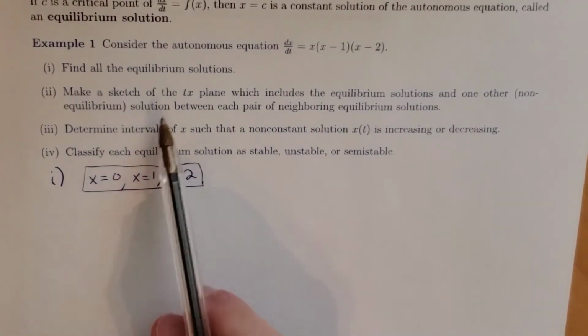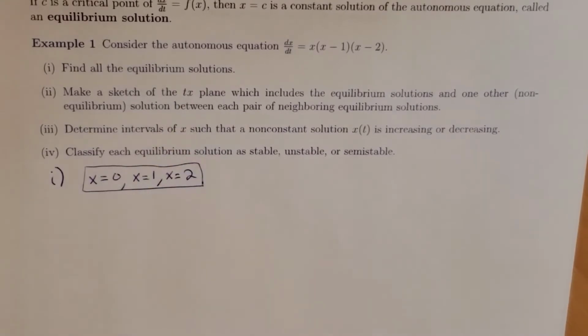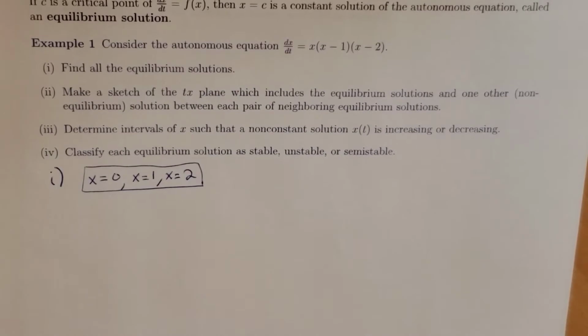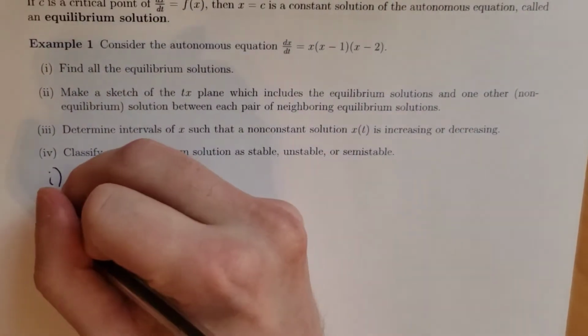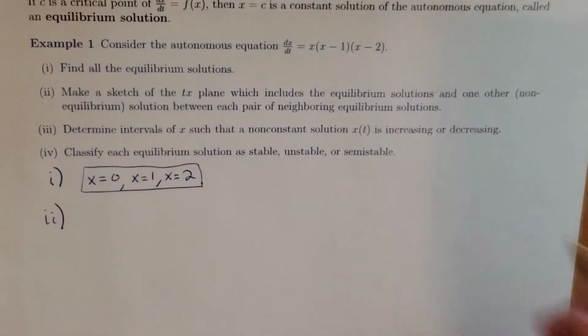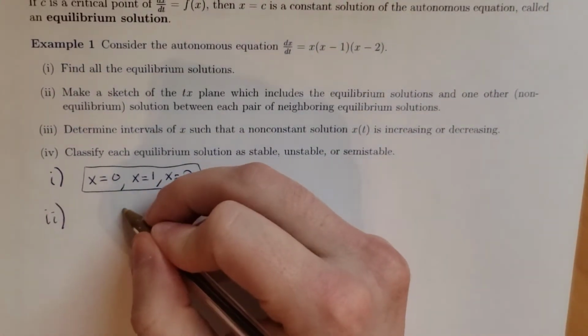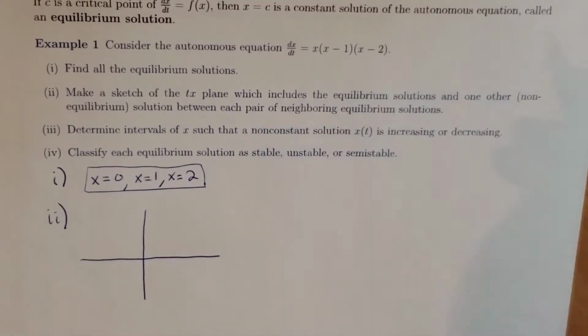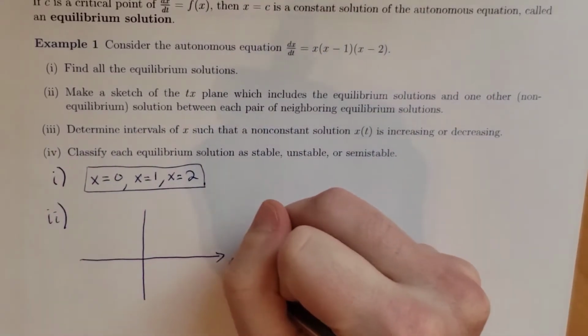Now, we're going to make a sketch of the tx plane. All right, t is our independent variable, x is our dependent variable. But let's make a sketch of a different graph first. We're going to make a quick sketch of the f of x plane, the x comma f of x plane.